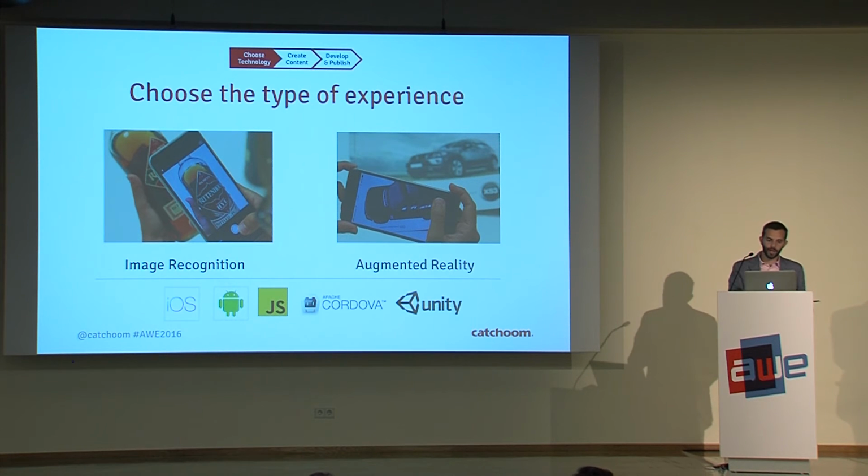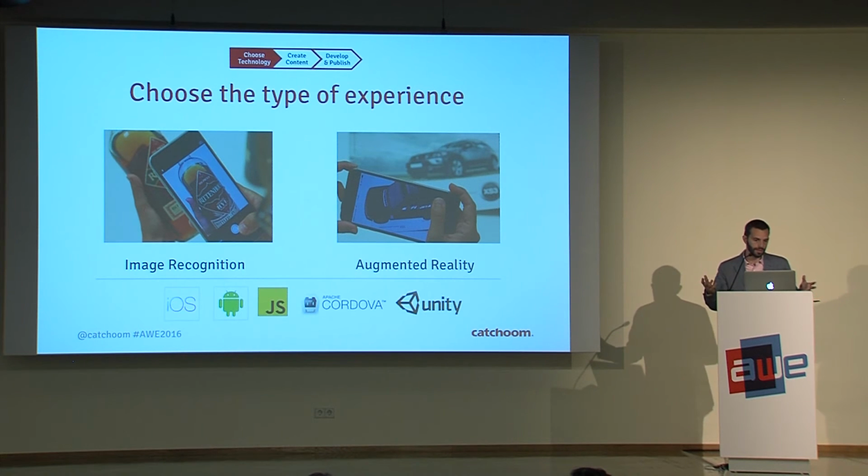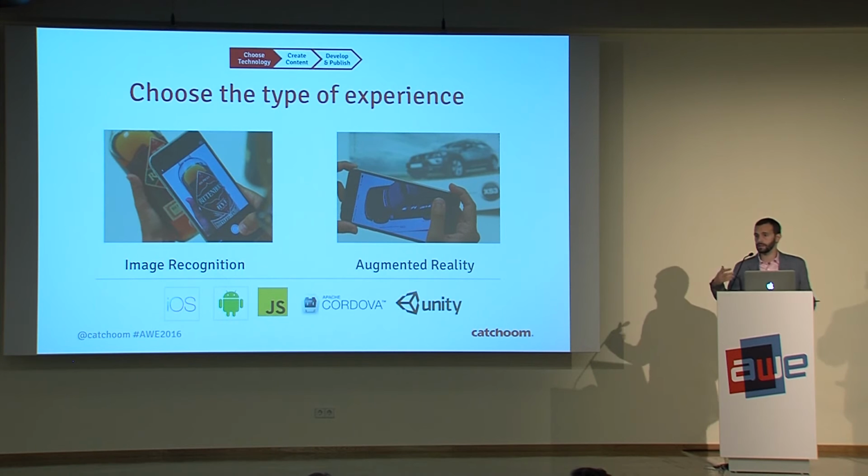What you want is to find that label inside a database of labels that you have previously uploaded to the system. And on the right is what you typically know of augmented reality, so being able to overlay on top of, for instance, in this case, a catalog, a 3D model. And we provide our SDKs in a number of operating systems and plugins.